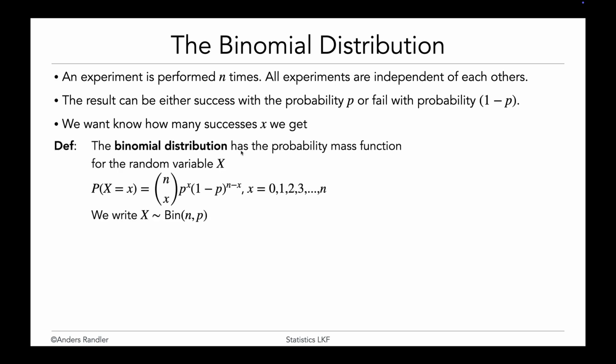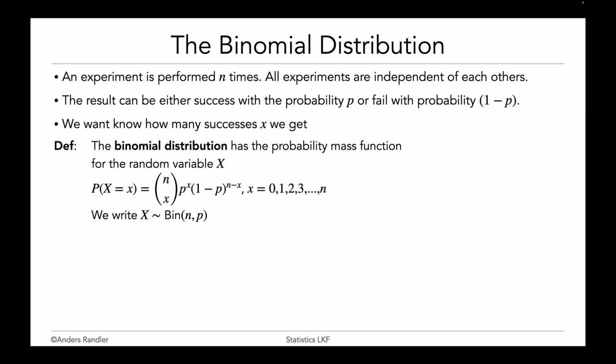Then the binomial distribution has the probability mass function that will look like this. And why is that? Well, if you do something n times, and you want to know in how many ways you can pick out x successes from n, that is exactly this binomial number that we talked about before. And you have the formula to calculate it. Okay, so that's the number of ways you can do it.